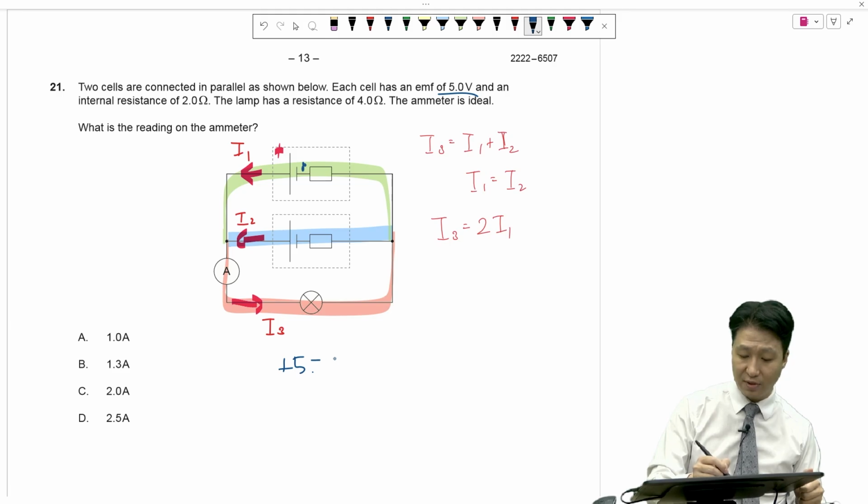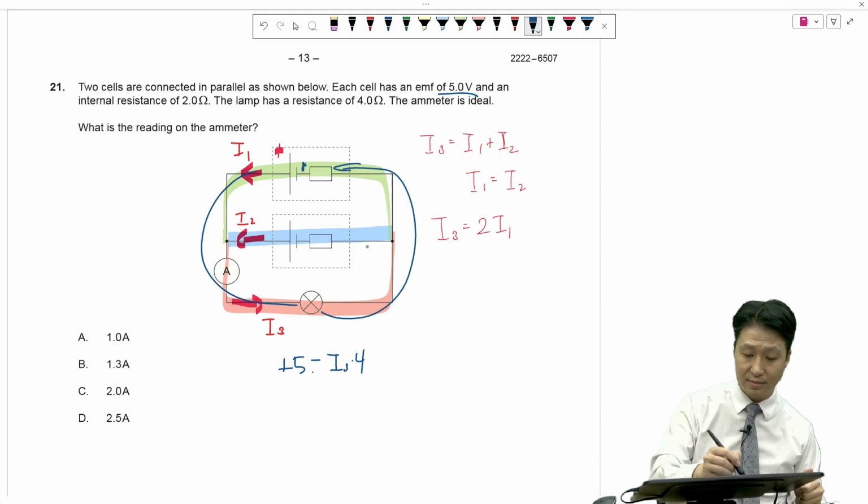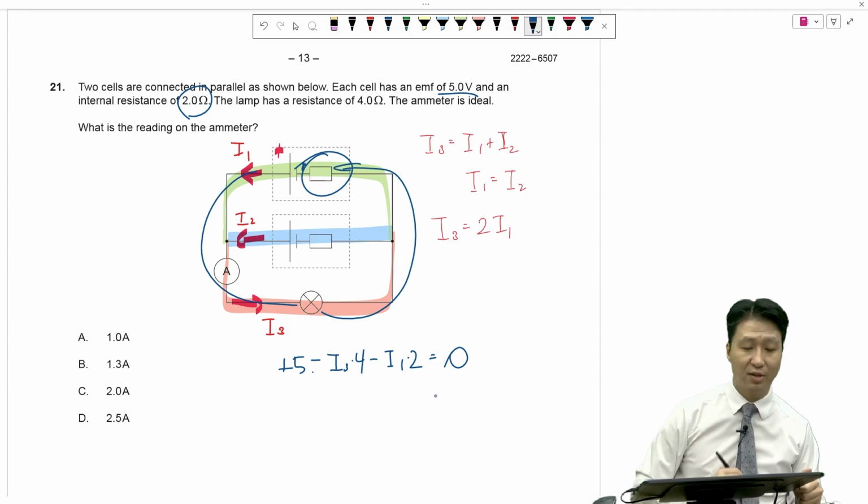The voltage drop is current times resistance, so it's I3 times 4 ohms. It goes back here. Then internal resistance, it drops I1 times internal resistance of 2. Everything goes to 0.